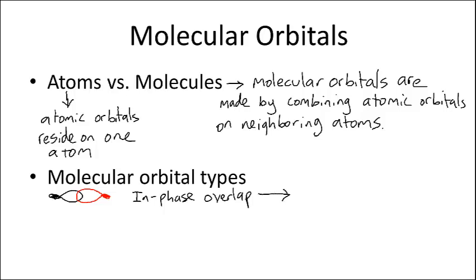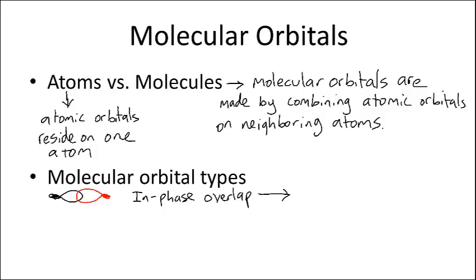And when you have in phase overlap, what that means is the orbital is going to get bigger in between the two atoms. And if the orbital gets bigger in between the two atoms, that's a good place for electrons to be shared between the two atoms. And what do we call sharing of a pair of electrons between two atoms? A bond.